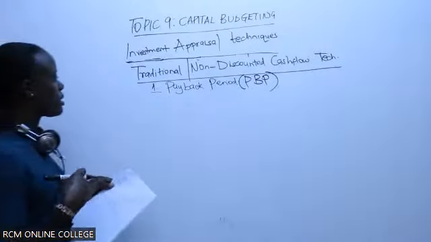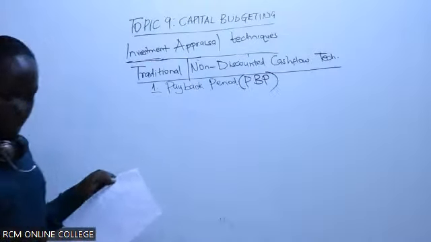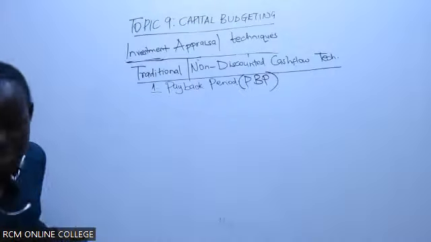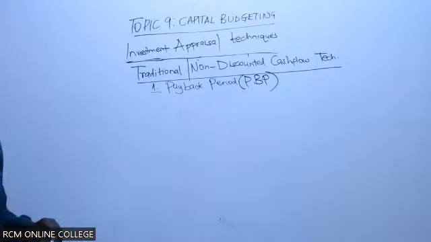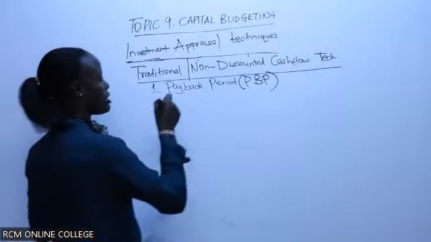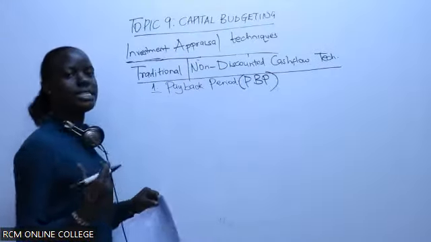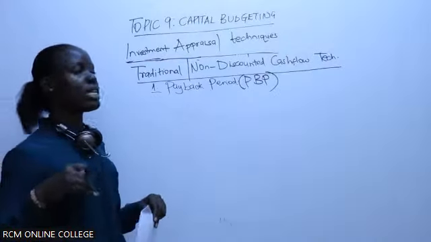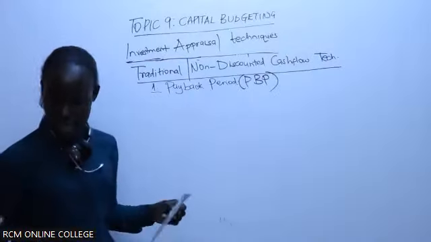Payback period refers to the duration taken by a project to generate cash flow that is sufficient to recover, or to recoup, the initial outlay, the cost of the project. Payback period is basically the time that it takes for a project to recover the amount that was used in developing this project.